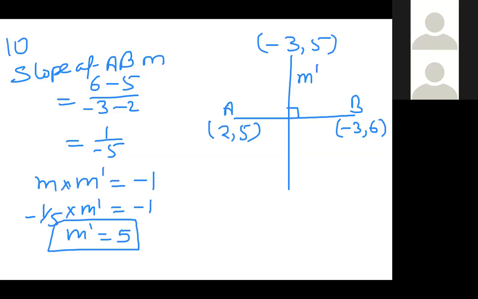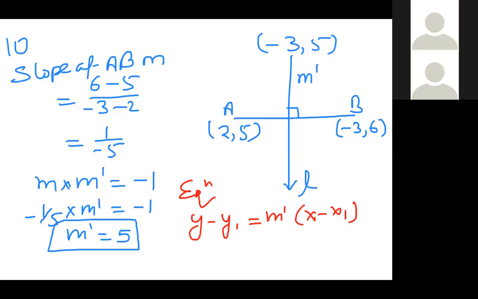Now the equation of this line, I'm calling it L. So its equation is y minus y1 equals M dash into (x minus x1). Let us put the values.